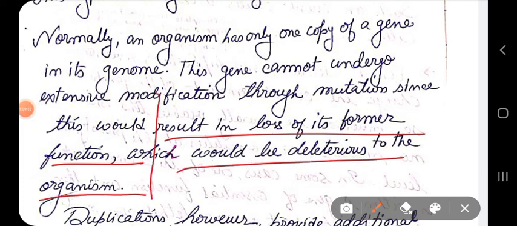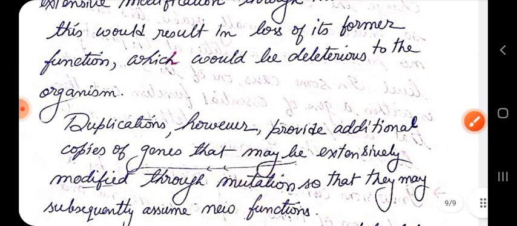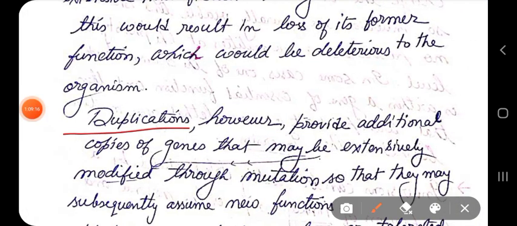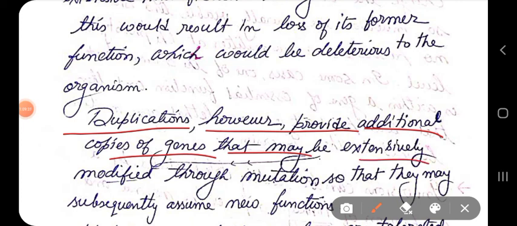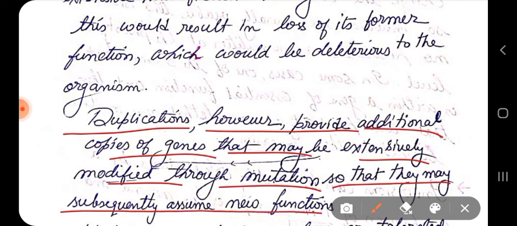But suppose duplications occur in that same chromosome fragment; it will provide additional copies of the gene which can be extensively modified through mutation, so that they may subsequently assume new functions. So if there is an extra chromosome fragment, and it undergoes mutation, a change in the base pairs to form new functions, then there will be no problem.